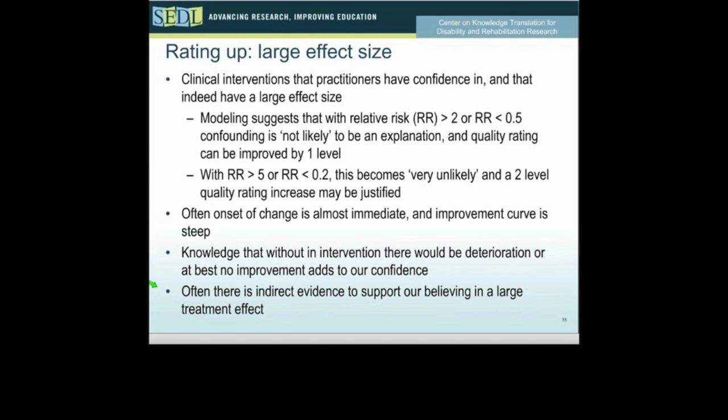If the onset of change is almost immediate, you probably have solid evidence that this intervention indeed brought about a change. If you know that without an intervention there would have been deterioration in your sample, or they would not have moved at all, and they improved, you can have some more confidence that the treatment effect size can be trusted. And there may be additional indirect evidence that will allow us to have confidence.